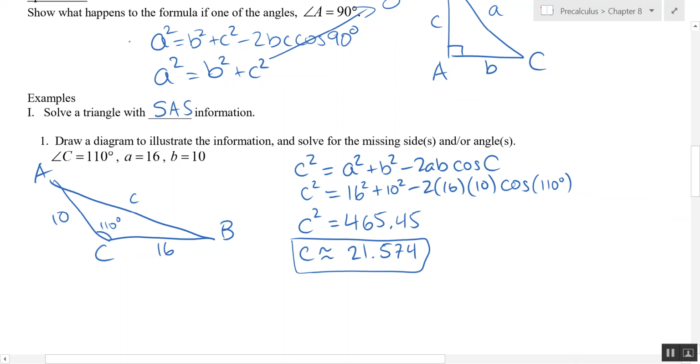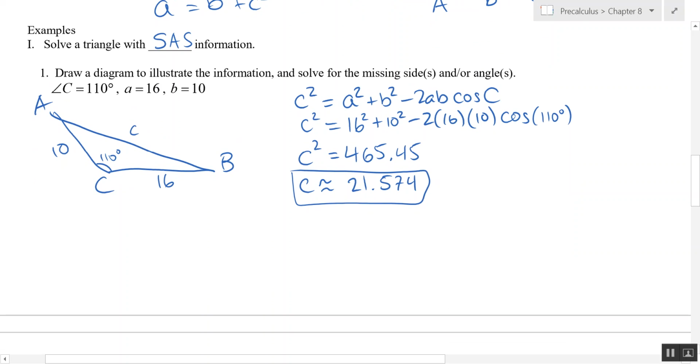Next thing is to find one of the angles. It doesn't matter which one necessarily. Let's find angle A, and to do that, we're going to use the law of cosines again. We'll use a squared is equal to b squared plus c squared minus 2bc cosine of A. Now notice that we want to solve for angle A, so it's better to solve the formula ahead of time.